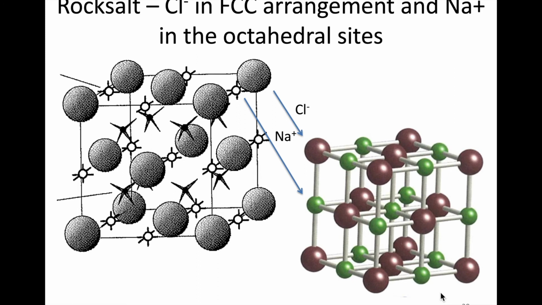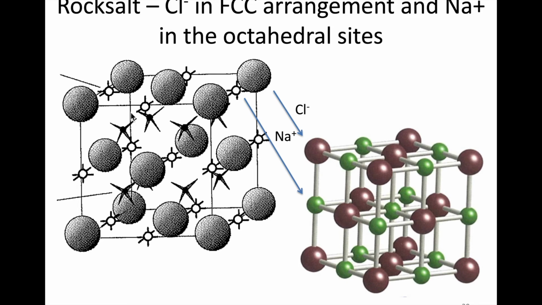So that is the structure of sodium chloride that we've talked about extensively in the bonding chapter. And this does fit into that scheme that we talked about in the previous modules, where we have a close packed arrangement of the anions and then filling of the cations.